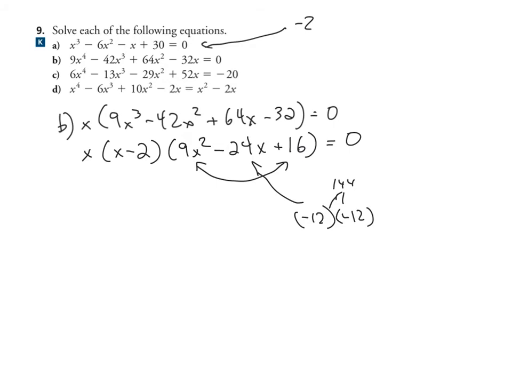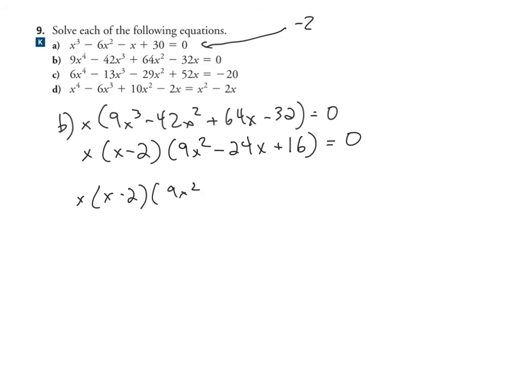Alright, so I can say that this is x. Here, let me erase that. This is negative 12 and negative 12. X minus 2. 9x squared minus 12x minus 12x plus 16. This is decomposition. X minus 2.